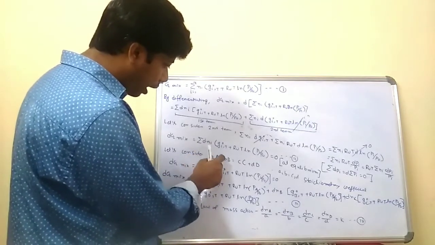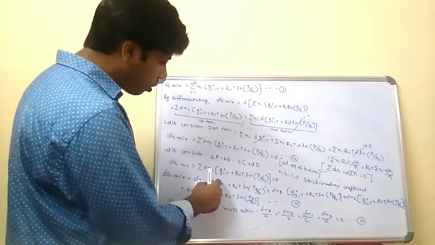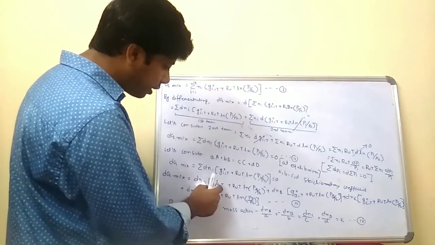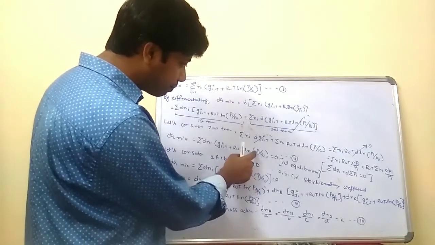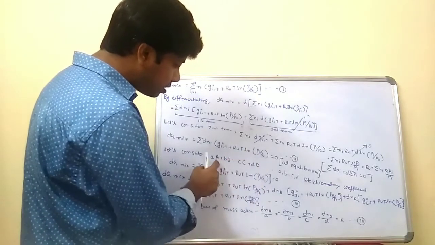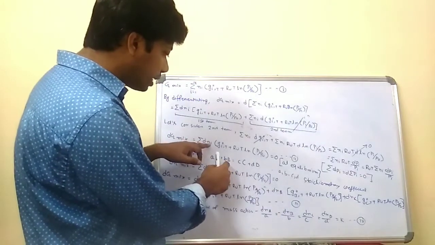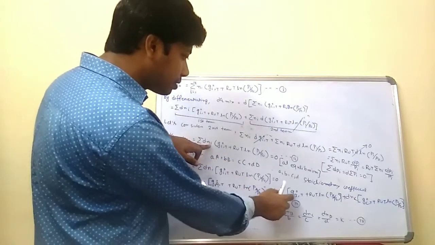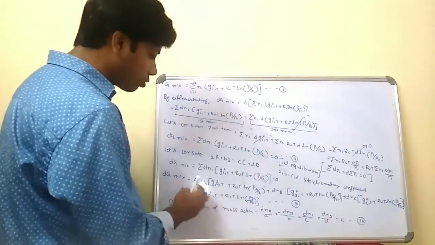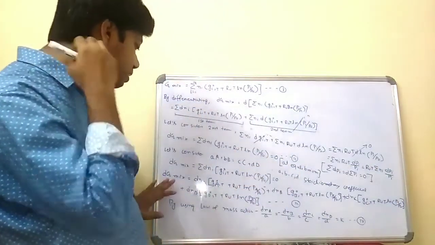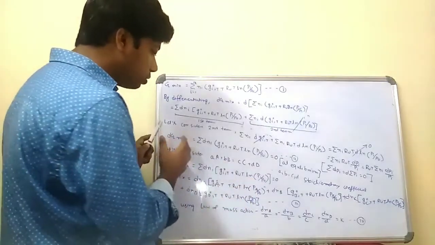For the reactant A, that will be dnA into (GA naught at T plus RT ln(PA/P0)), because here the species is A. Similarly for B, dnB plus GB naught, similarly dnC, and similarly dnD. So ultimately the dG mixture equation is written in this form after differentiating.